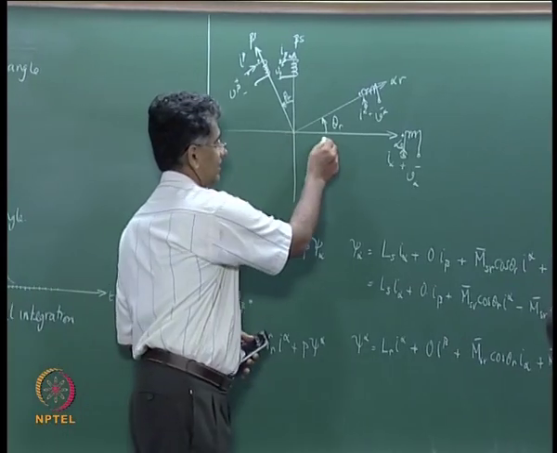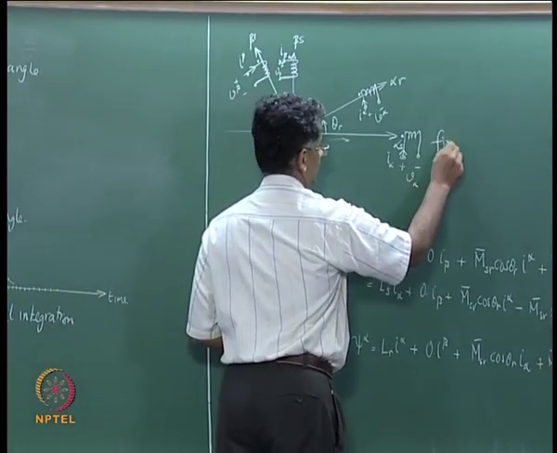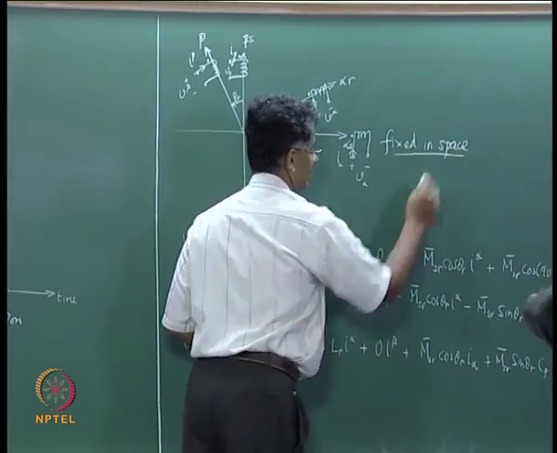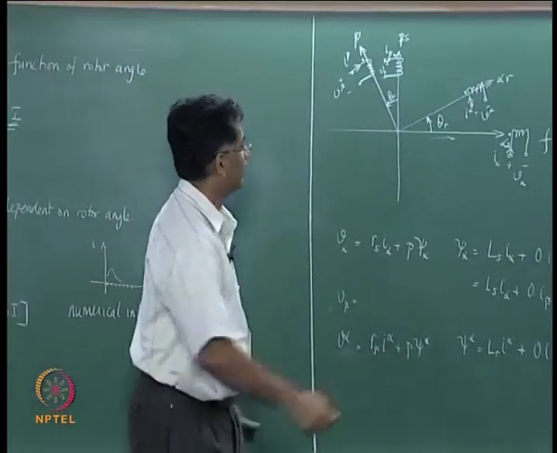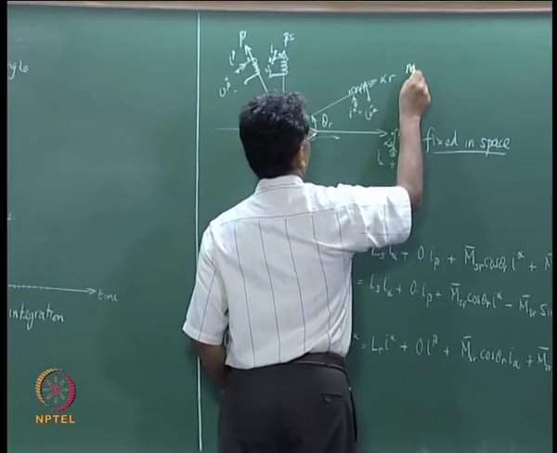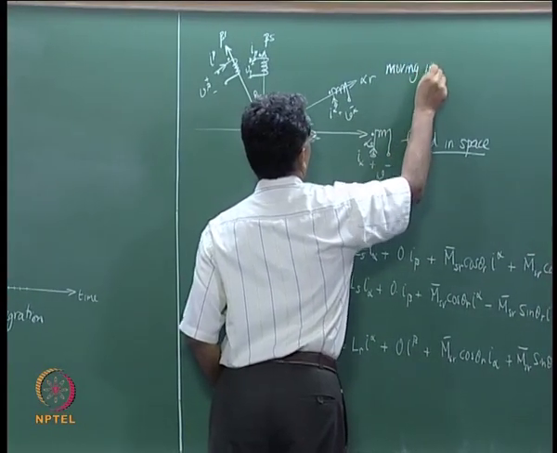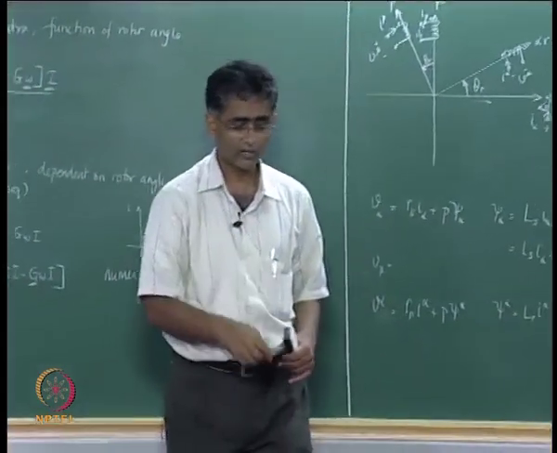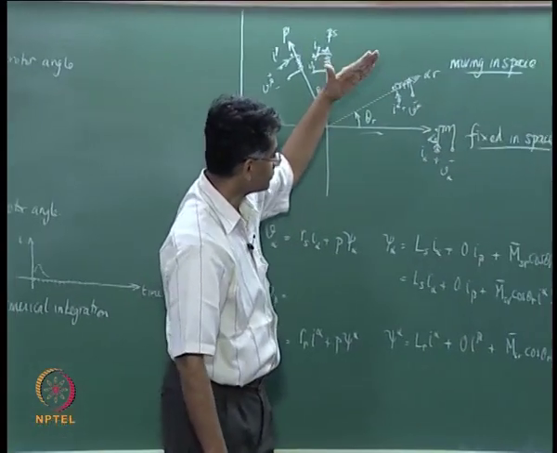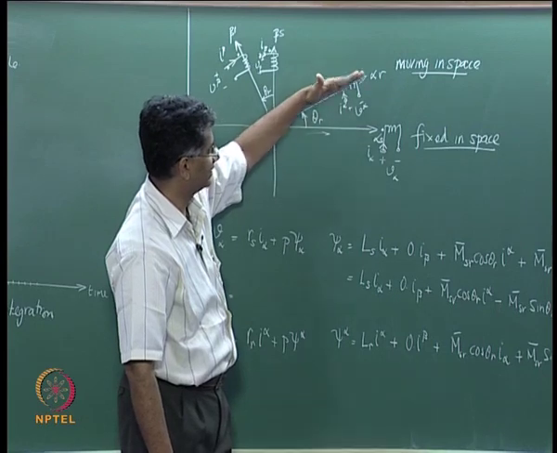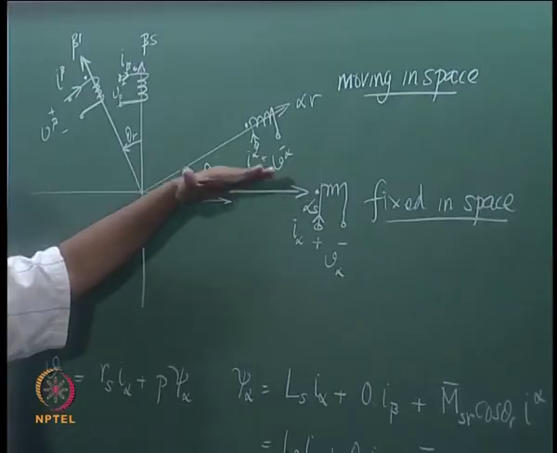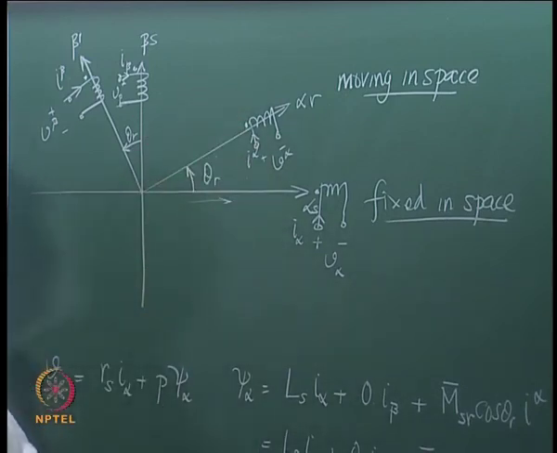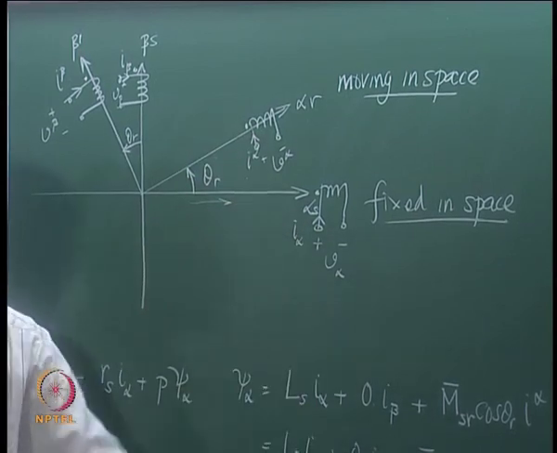You have the alpha s axis which is fixed in space, because this pertains to the stator and the stator does not rotate, whereas alpha r axis is moving in space. It is moving in space because this pertains to the rotor and the rotor is rotating, and therefore whenever you have an excitation on the alpha r axis and something on the alpha s axis, the angle between the two is going to continuously change with respect to time as the rotor rotates, and therefore the mutual inductance between these two is bound to change.